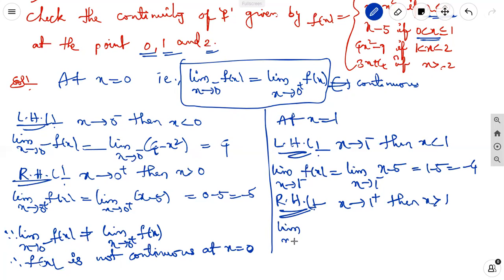Limit x tends to 1 plus f of x, x greater than 1, so that is 4x square minus 9. Replace x equal to 1, then 4 into 1 square, 4 minus 9 equal to minus 5. So these are also not equal.